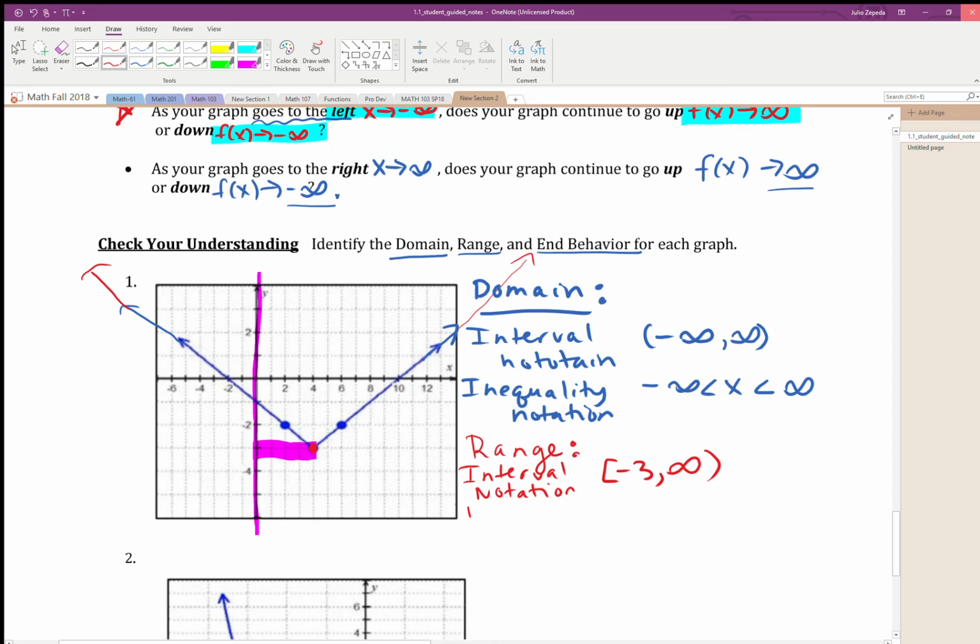For inequality notation, it's going to look like this. Now I'm doing range, so instead of x, it's going to be y.